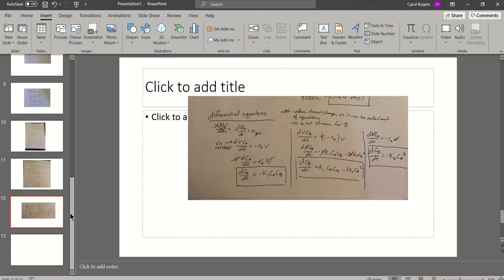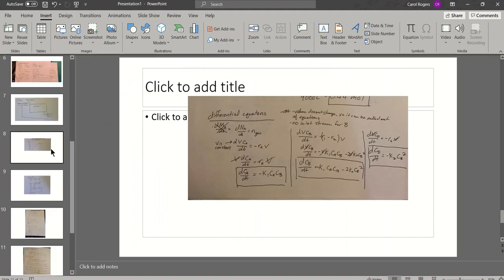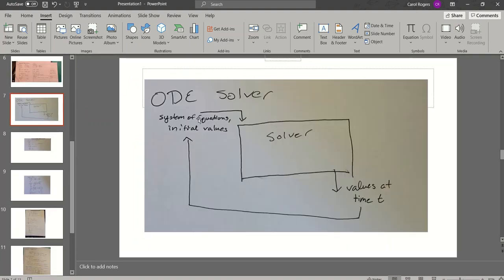If you look up here, the ODE solver is going to take your initial values and solve the equation and get new values from that equation, and then it takes those new values and puts them into the next time span's initial values.